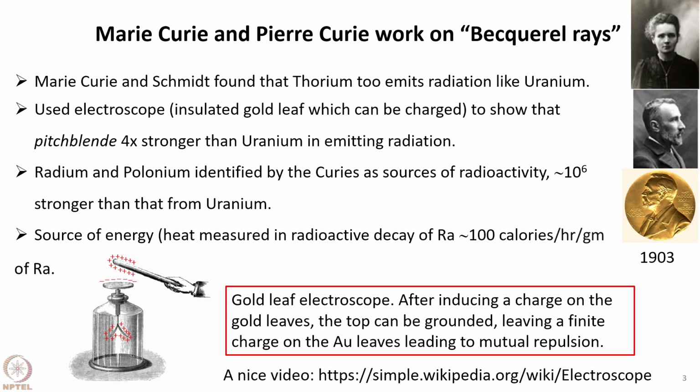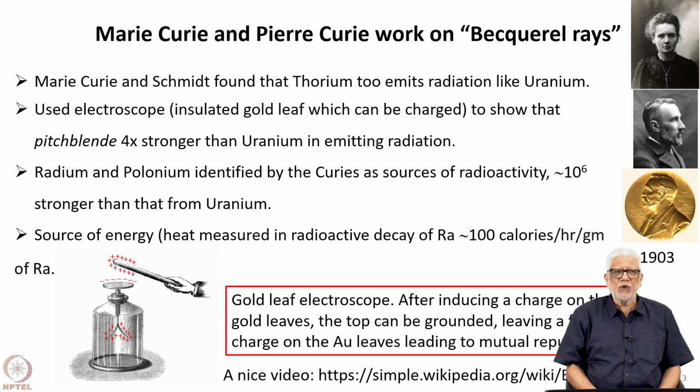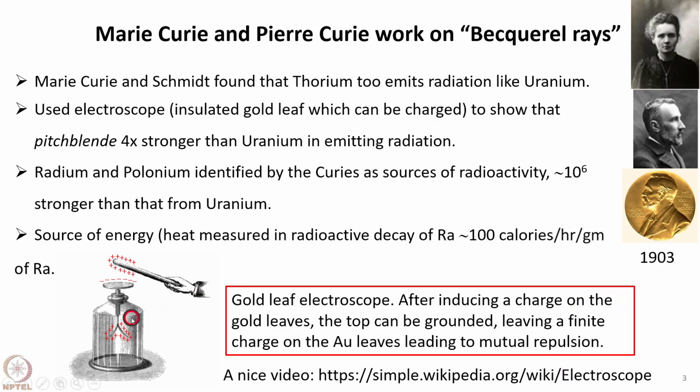Marie and Pierre Curie worked on these so-called, in those days, Becquerel rays. This is the first time they were found. And Marie Curie and Schmidt found that thorium also emits radiation like uranium. They, in fact, used an electroscope, which is shown here below, where there are two gold leaves which are charged, and the top is grounded, so you have a finite charge on the leaves, and they repel each other.